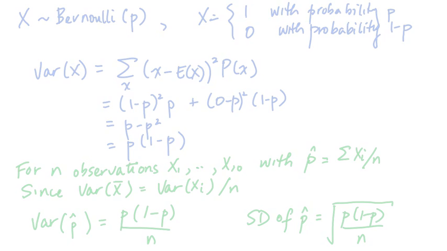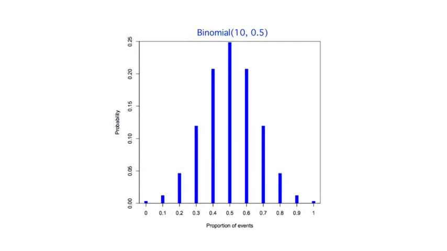Here's an illustration of how the sampling distribution for p hat changes with sample size when the theoretical parameter p is 0.5. When the sample size is 10, as we've been working with, we have this binomial distribution for our sampling distribution of p hat, centered around our theoretical p of 0.5, since p hat is an unbiased estimator.